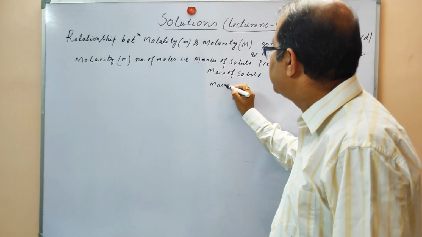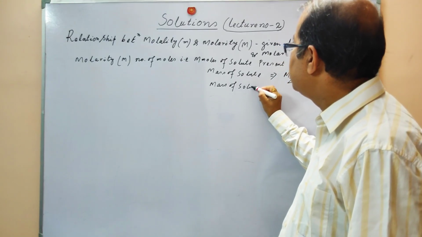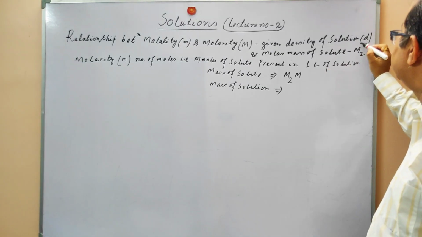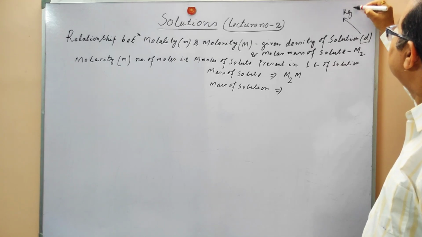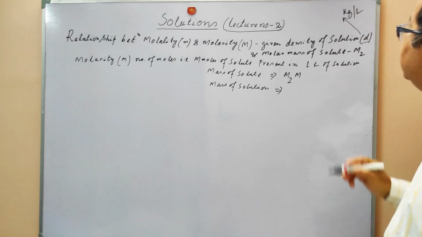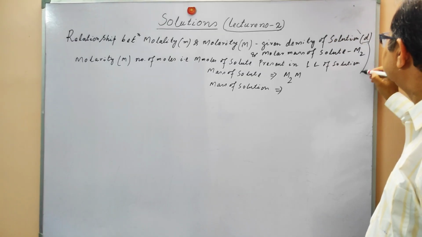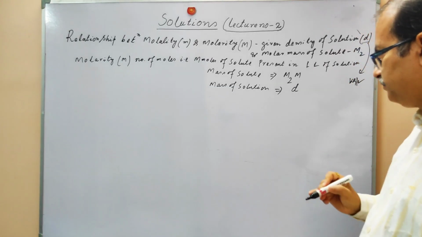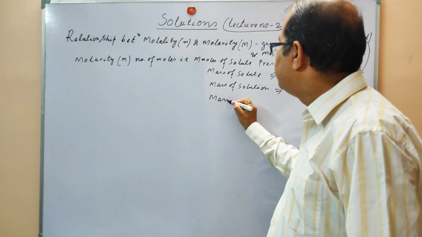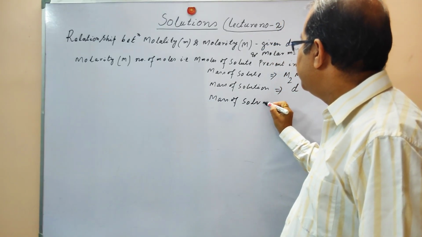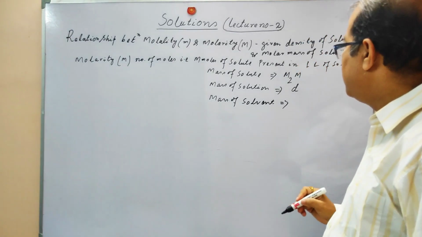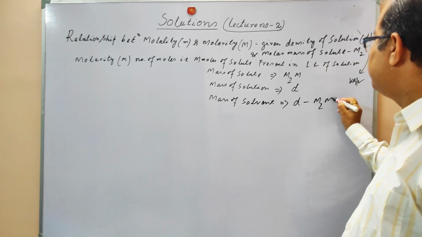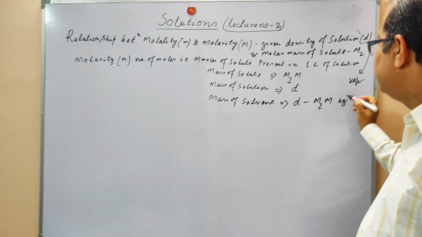Now the mass of solution: suppose D is kg per liter, so the mass of the solution will be D. So the mass of solvent will be D minus M2 by M, and this is in kilo.